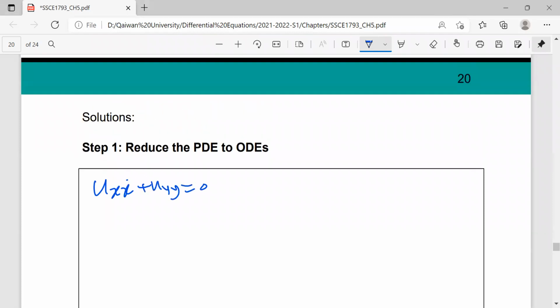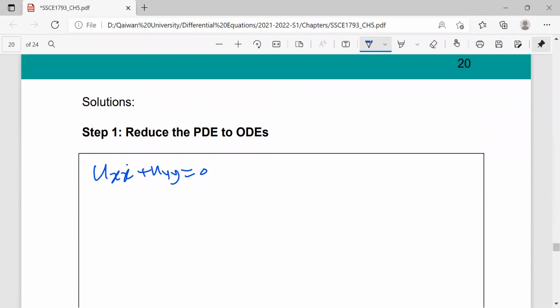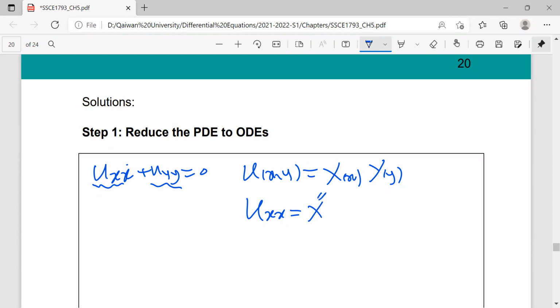We let u of xy be X of x times Y of y. We find u sub xx as X double prime Y, and u sub yy as X Y double prime.